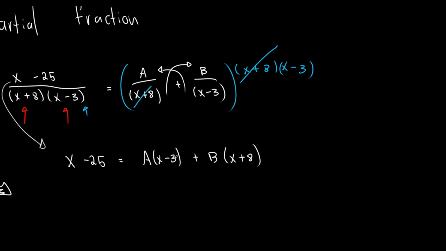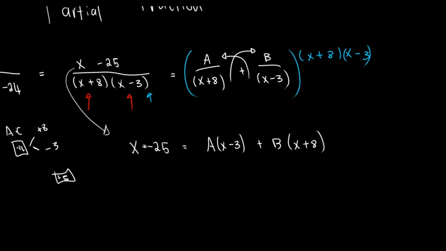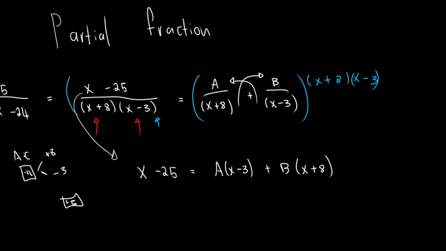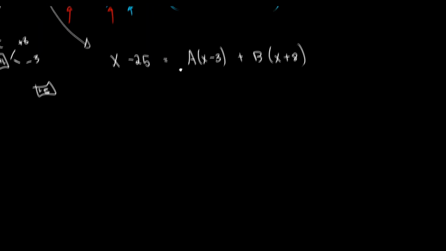I'm just skipping this step. Okay, and why did I bring this down? Because if I multiply this side by x plus 8, x minus 3, I can see this cancels that, and I'm just bringing this down. Okay, now from this point, what do we do?